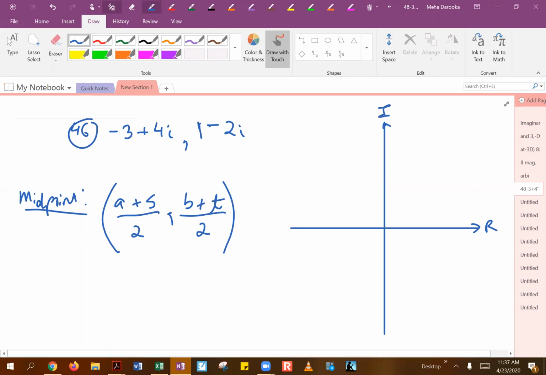So if we graph these, we would have -3, +4.